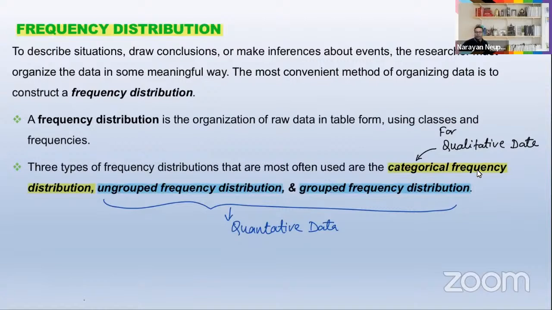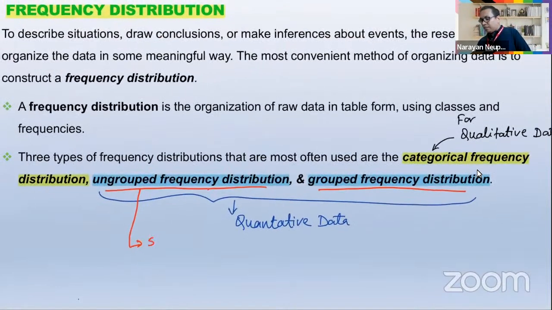Now, as you can see, there are two different types in quantitative data. We have ungrouped frequency distribution and grouped frequency distribution. We use the ungrouped frequency distribution for a small data size, okay, for a small data size.